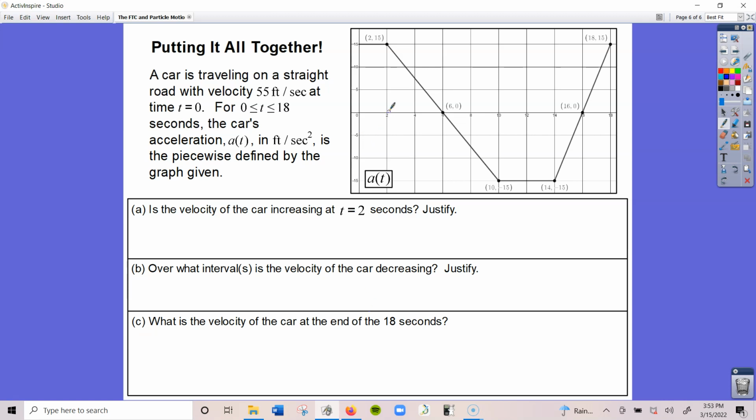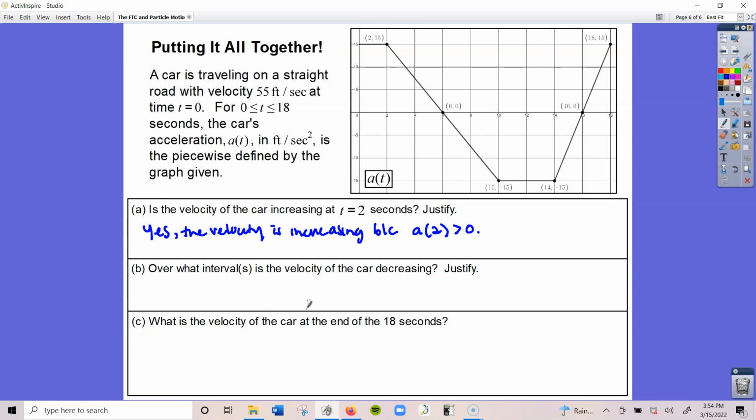So we're going to look at 2, and we see that at the point 2, my acceleration is 15, which is a positive number. So we would say, yes, the velocity is increasing, and the reason would be because a of 2 is greater than 0.